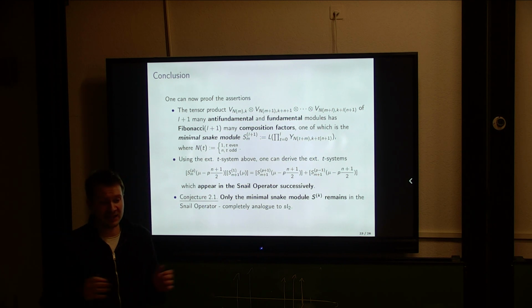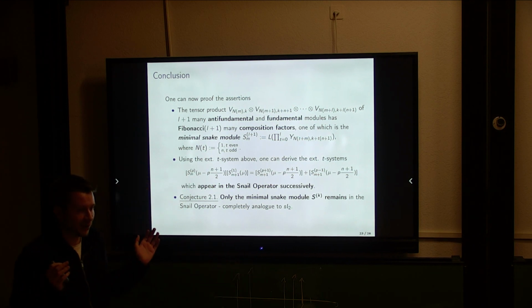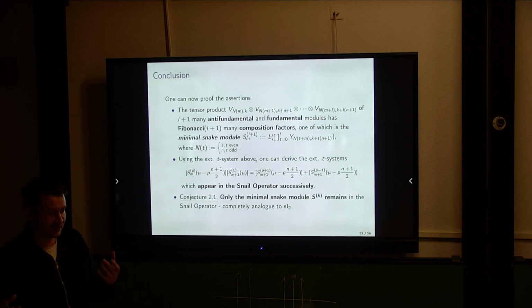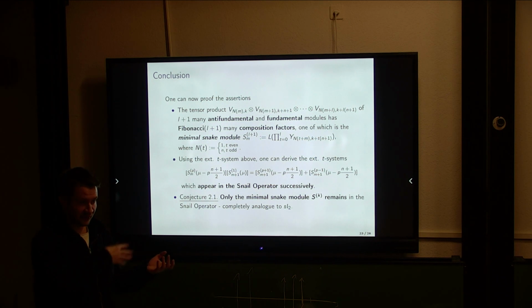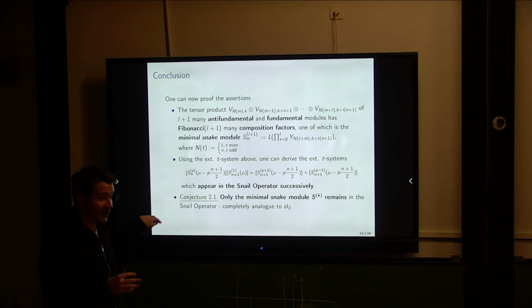For SL2, any irreducible Yangian representation, or also the same for quantum affine representation, is irreducible as SL2, and vice versa. So there's a one-to-one relation between irreducible modules. But for higher rank, it's not the case.